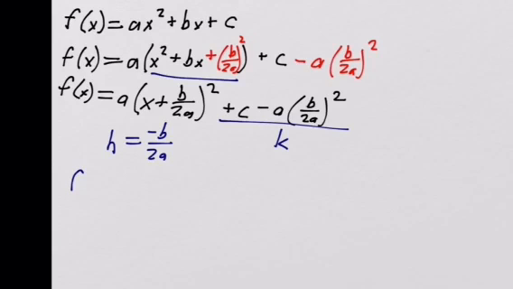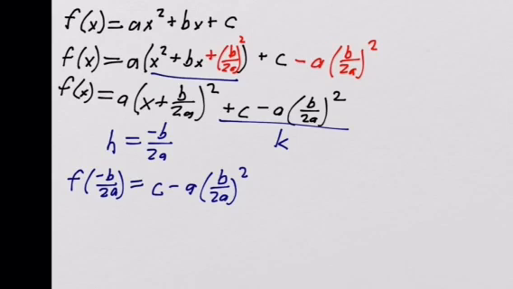So f of minus b over 2a is equal to that, c minus a times b over 2a squared. So therefore, we do not need that formula to tell us what that is.